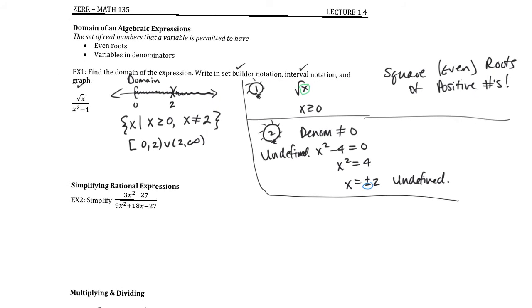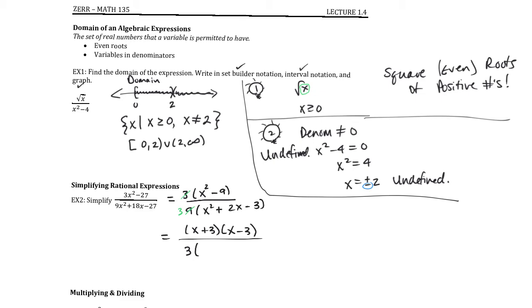Now if we're going to simplify this expression, what I can do is factor. In the numerator, both terms are divisible by 3, so I'll factor out a 3. In the denominator, everything's divisible by 9, so it would be x squared plus 2x minus 3. I can simplify my numbers a little bit. My numerator would factor as x plus 3, x minus 3, and the numbers simplify down so I just have a 3 in the denominator.